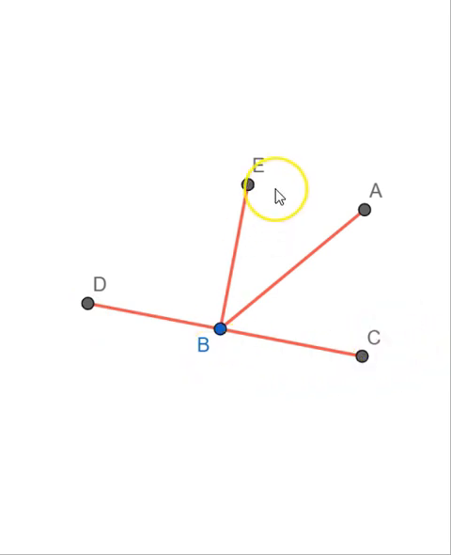We know CBE plus EBD is 180 degrees and they both are individually 90 degrees. Okay? Now let's take it from both directions. If we take it right to left first, then angle CBA plus ABE plus EBD is equal to 180 degrees.